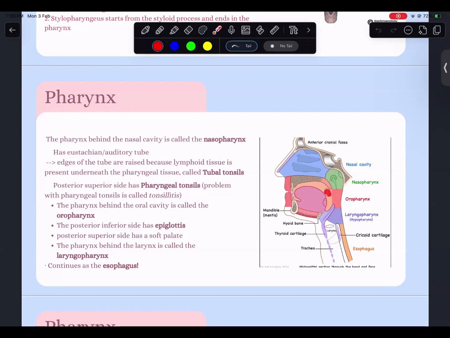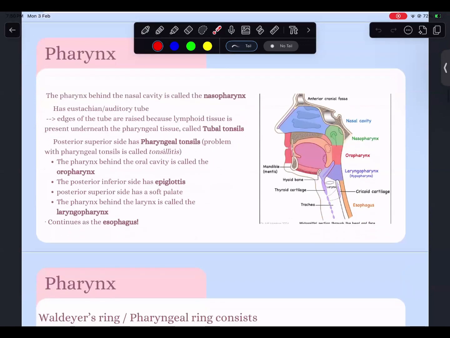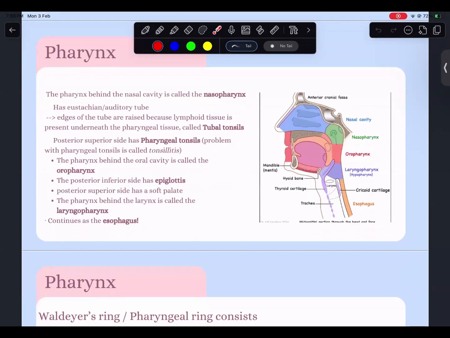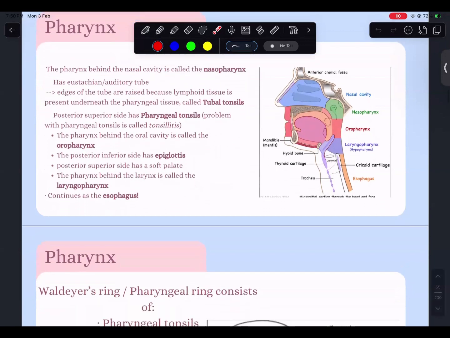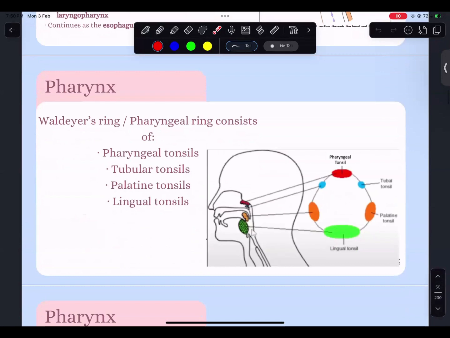And then we talked about these ones: the palatine tonsils, which are lateral to the oral cavity, and these are your lingual tonsils. So these are the 4 tonsils that we're going to be covering in the GI block. We said oropharynx, laryngopharynx, and it continues to the esophagus. This is also called Waldeyer's ring or the pharyngeal ring.